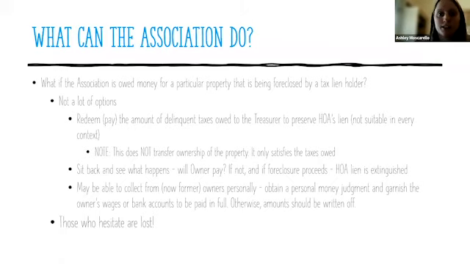But if not, if it's the perfect storm where a tax lien foreclosed and this person filed bankruptcy last year and got a discharge and the personal obligation is wiped out as well, it's possible that these amounts would need to be written off, but don't jump to that conclusion. Let us look at things and we'll see what, if any, options there are for the association. And I put on here, those who hesitate are lost, because it is true.